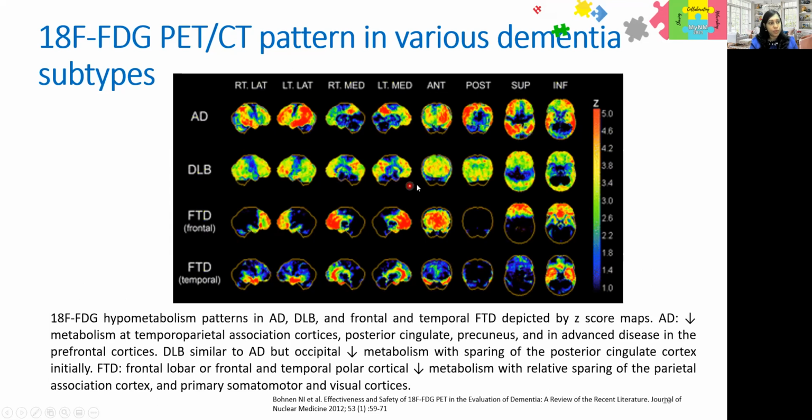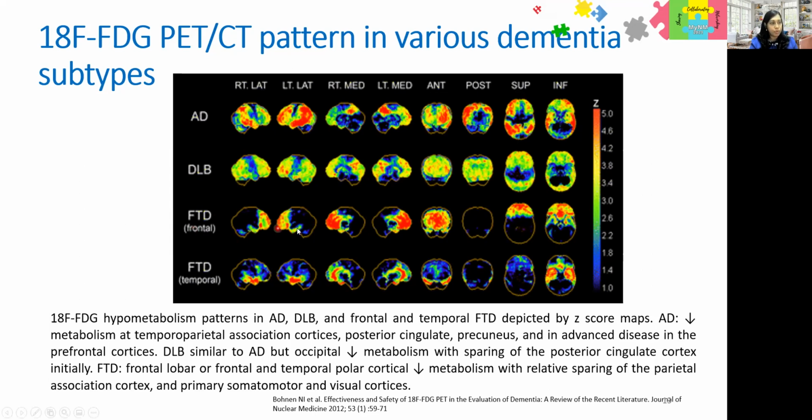In dementia with Lewy bodies, it has some similarities with AD, where there will be temporoparietal region involvement. However, in DLB, there is an additional occipital region involvement with initial sparing of the posterior cingulate cortex, which gives the cingulate island sign.